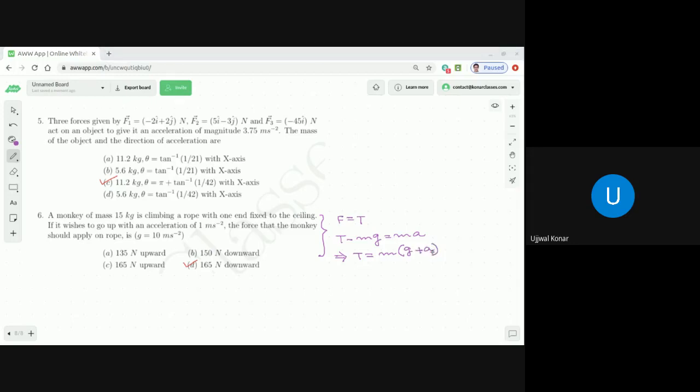And if you apply all these values, you will get 165 Newton. Got it, no? Yes, sir. The force that the monkey should apply should be 165 Newton downward. Pratik, you got the point, right?